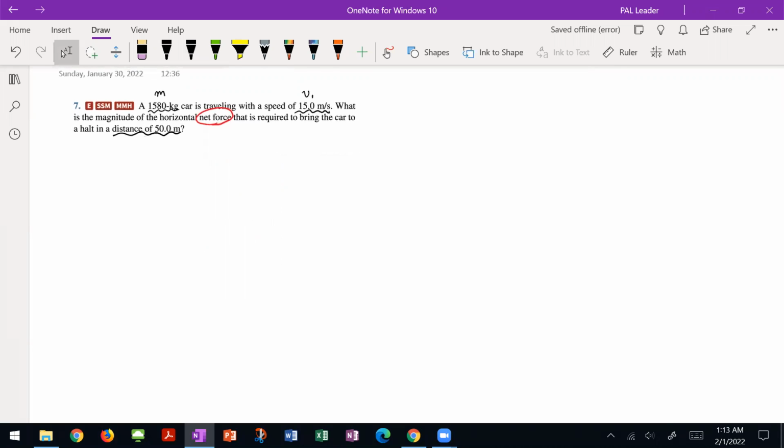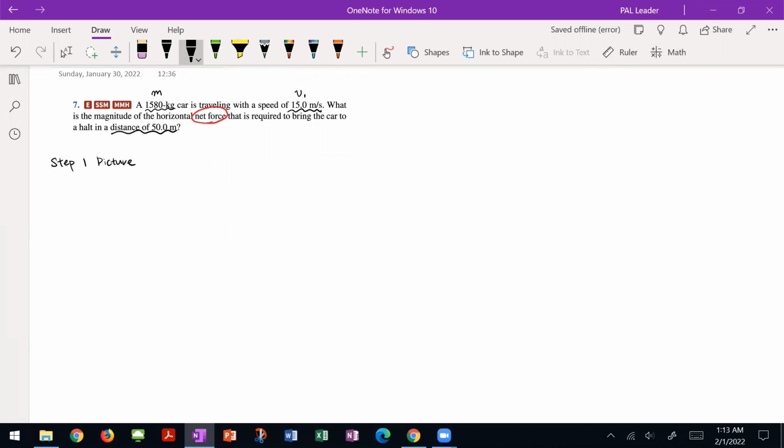So we have a couple things going on, and we want our picture. Here is our ground, and we have a car with a mass that is traveling this way with V1. And eventually, in 50 meters, we are told that it stops.